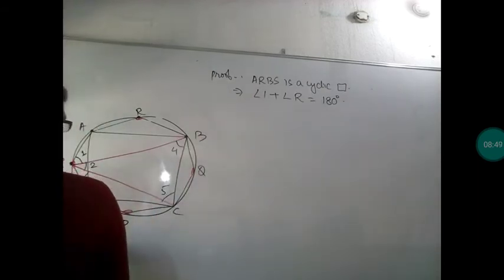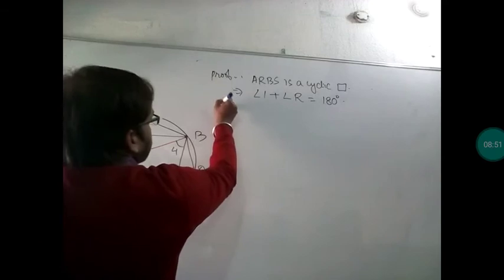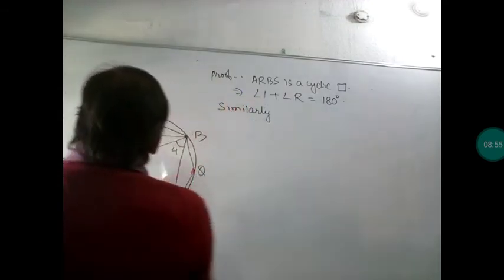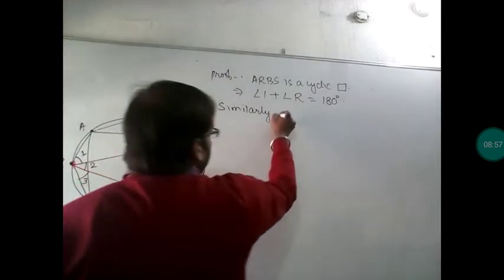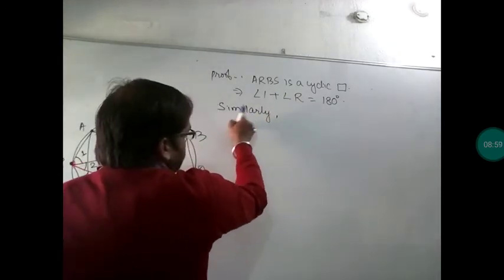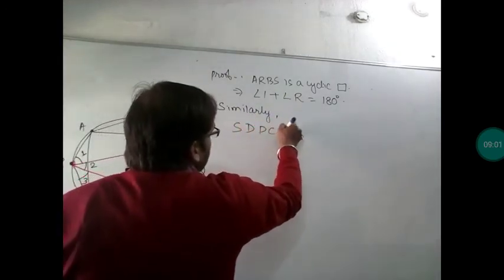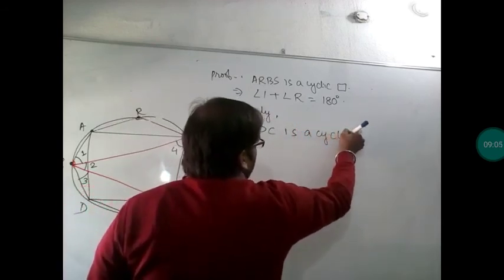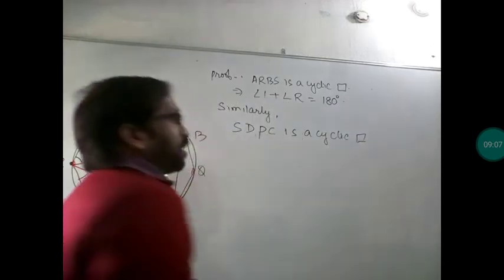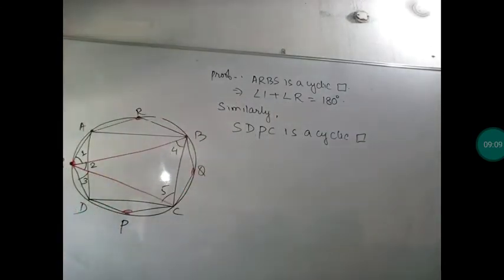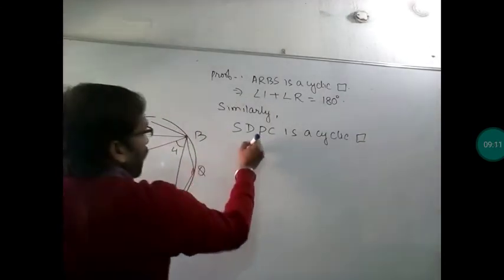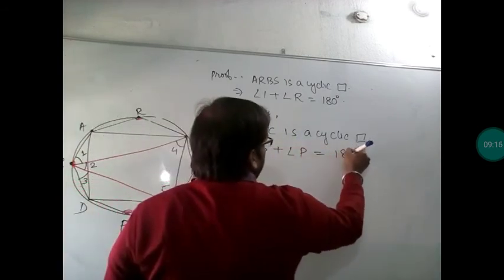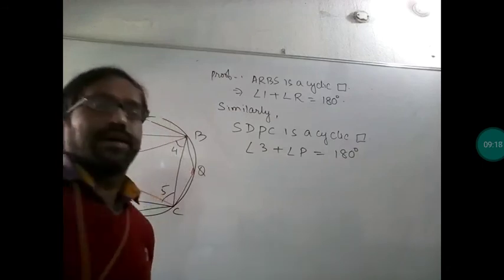Similarly, one more cyclic quadrilateral we have in the downside, that is S, D, P and C. That is one cyclic quadrilateral. So the sum of angle 3 and angle P will be equal to 180 because these are the opposite angles of a cyclic quadrilateral.